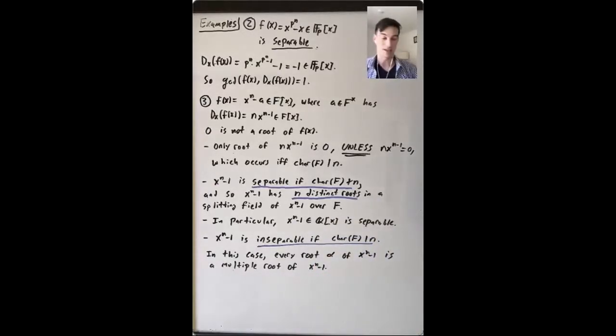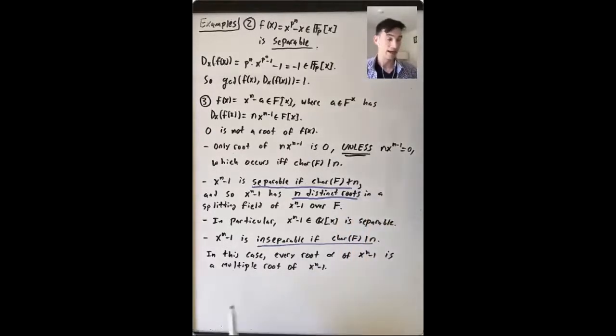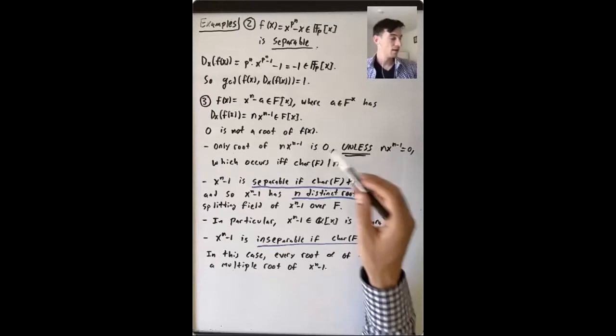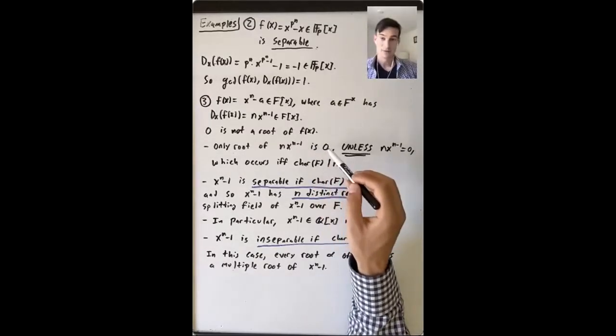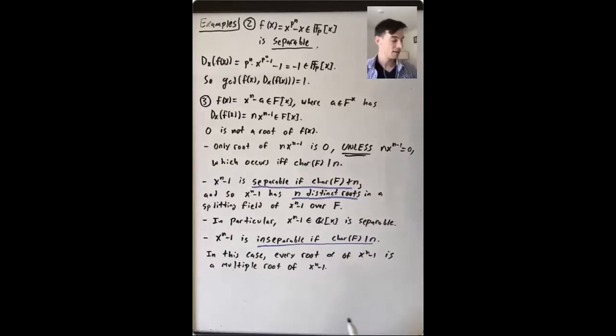Okay, so let's talk about the case where the characteristic of F does divide n. So in that case, x to the n minus 1 is inseparable. So this is for n at least 2, because, well, the derivative is 0. And that means, what does it mean for alpha to be a multiple root of f of x?